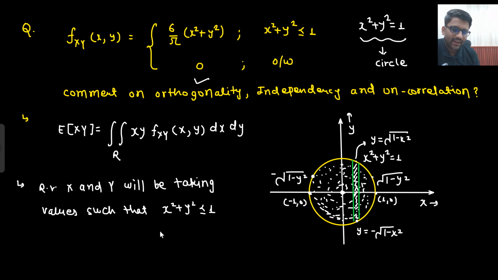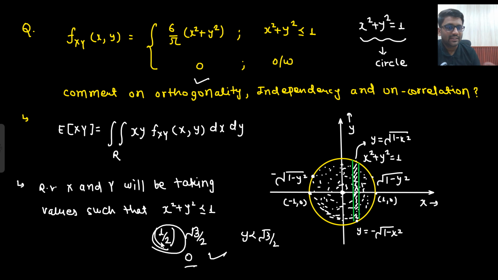That means if I say that my x is 1 by 2, then your y has to be less than under root 3 by 2. Basically if x is 1 by 2, then y equal to 0 will work, but y should be less than under root 3 by 2, no? So the value of y is depending on the value of x. So x and y are surely depending on each other.